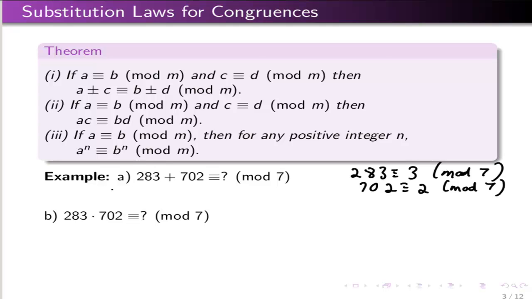So this expression is congruent by substitution to 3 plus 2, which equals 5. Or 283 times 702. Again, I just substitute in the equivalent smaller values, and 3 times 2 is 6.